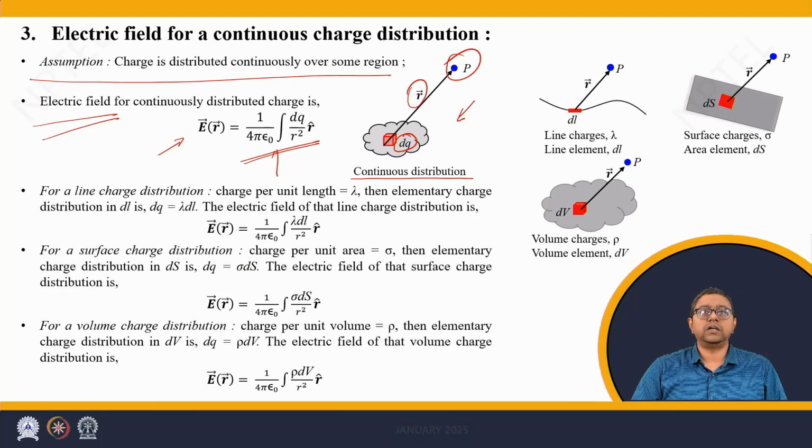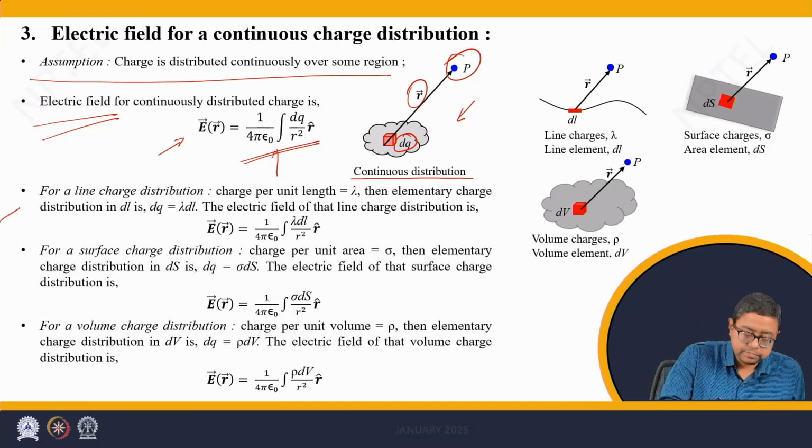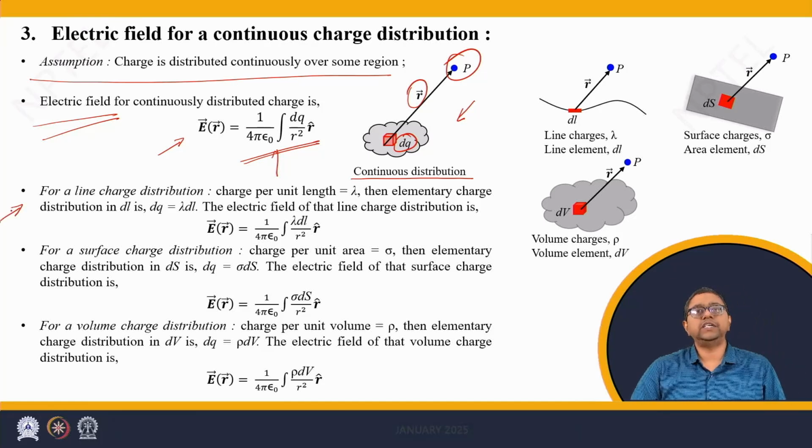We can go further to look at some simplified and special cases. First, a line charge distribution. A line charge distribution can be depicted in diagrammatic form as follows. Here we have a line where an elemental part is shown by dl.